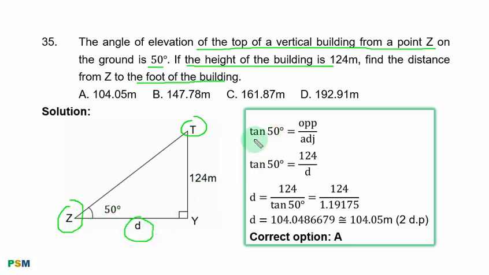So tan 50 degrees is equal to opposite over adjacent, that is 124 over D. If you make D the subject, you have this result, which is equal to this. After division, you have this result to 2 decimal places. The distance D is approximately equal to 104.05 meters. The correct option is A.